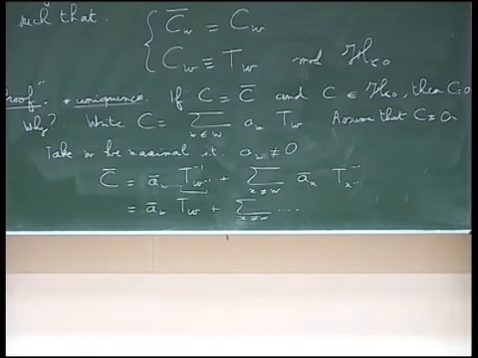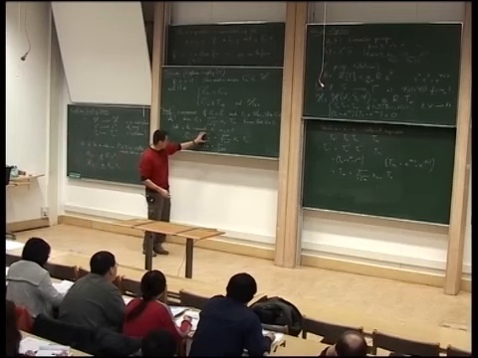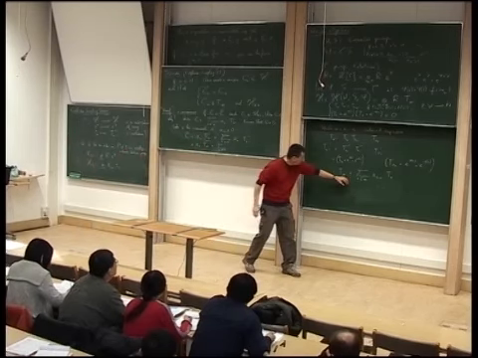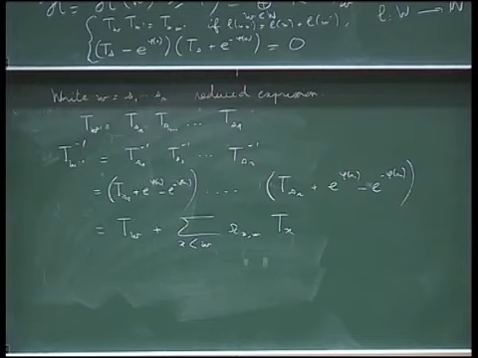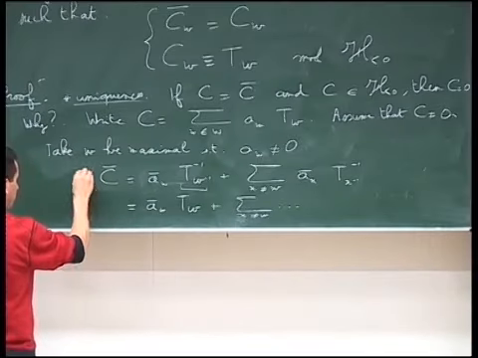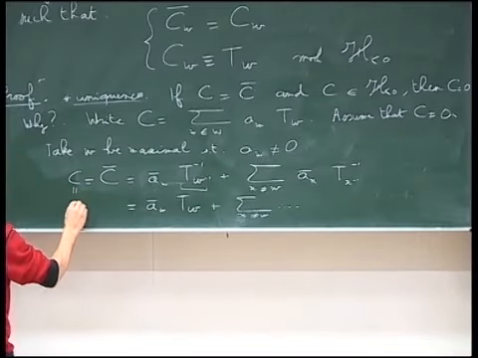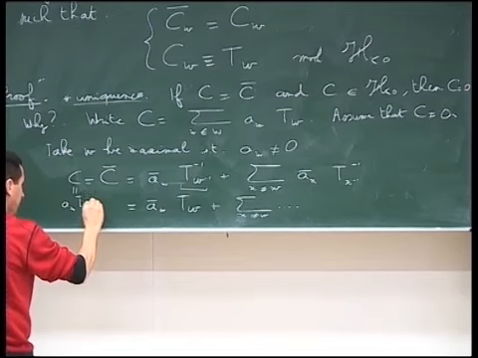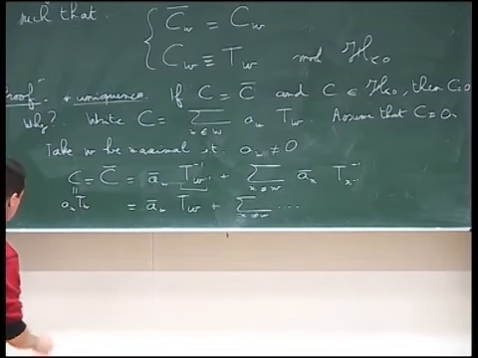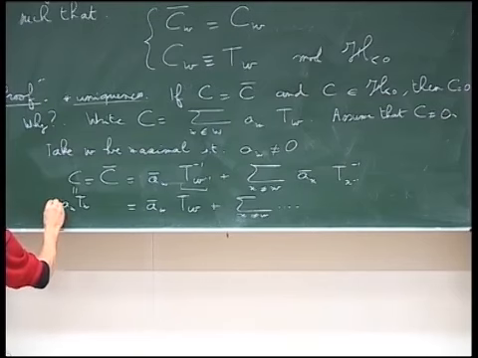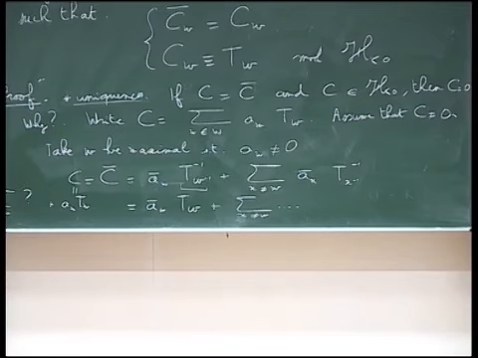You get a part which comes from here, and then you get elements which are different from W. And on the other side, this is also equal to C, which is equal to AW TW plus the sum for x different from W of something.